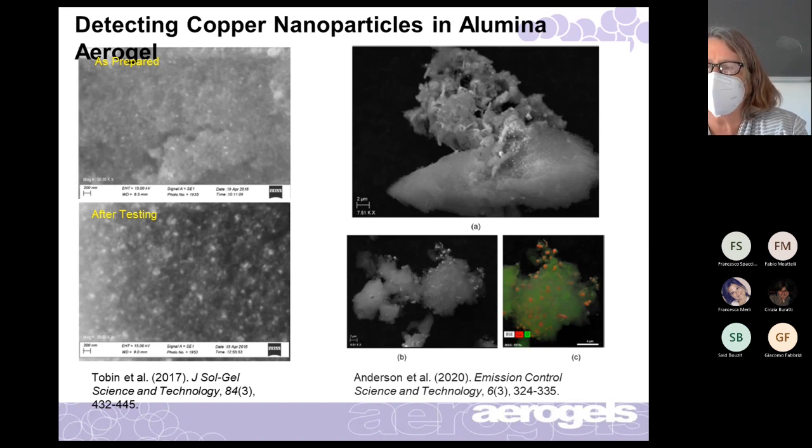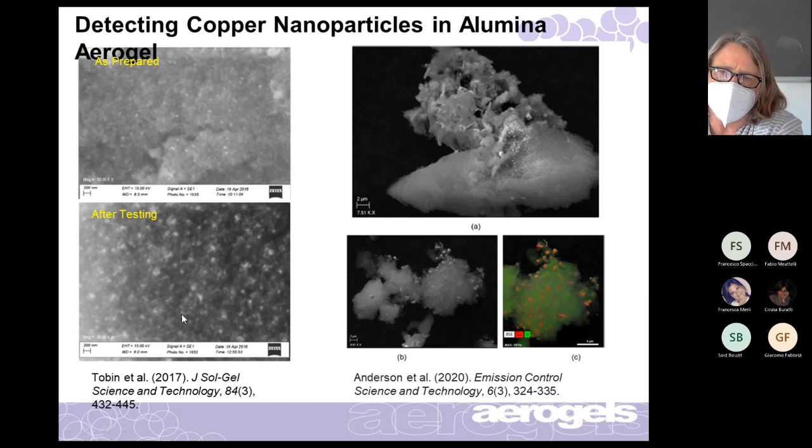We have done some studies where we look at the solution that it's soaked in, and we can use spectroscopy to say what is the concentration before we put the wet gel in, what is the concentration after, and we can say, oh, the difference is what went in. And another way would be to do something we have not done, that sort of image processing on this, but we could.